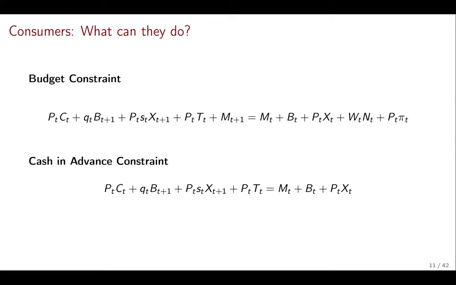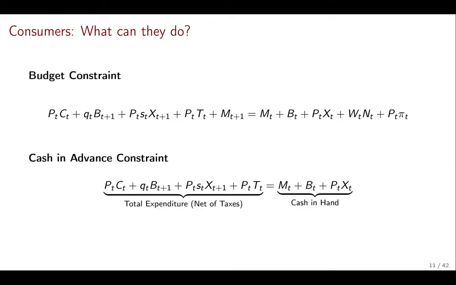What about the cash in advance constraint? That's new. So the cash in advance constraint looks actually very similar to the budget constraint. Let's see what it's made of. So basically it's saying that my total expenditure, net of taxes, has to be equal to my cash on hand. What are the assumptions here? Well, the first assumption is that you have to make all your spending before you get your wages and your profits.